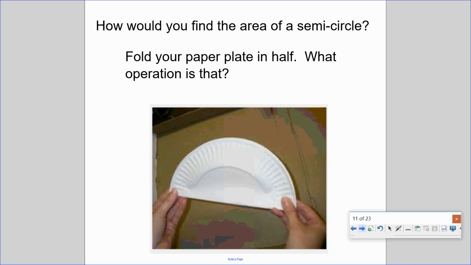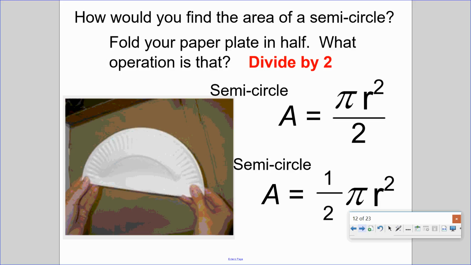We folded it in half, or in other words, you divided the paper plate into two equal parts. So that means the area formula of a semicircle is pi r squared divided by 2. Or another way you could say it, find half of pi r squared.